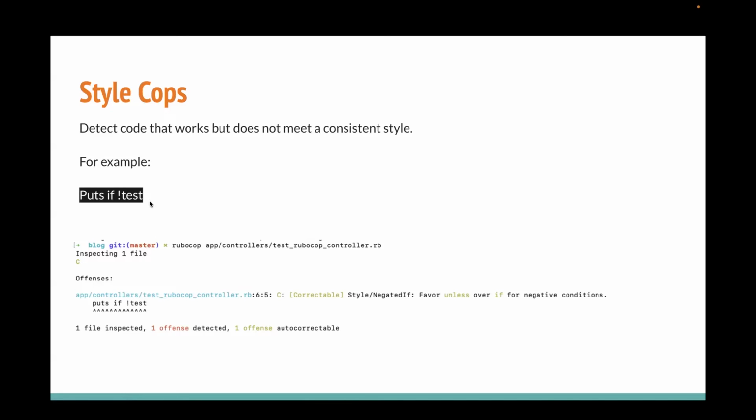In this really simple example, the line of code is puts if not test. This doesn't seem to be wrong, but it doesn't meet the consistent style. If you run Rubocop on this line of code, it shows an error with the message that unless is preferred over if for negative conditions.